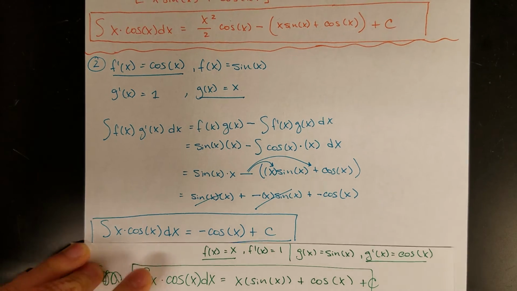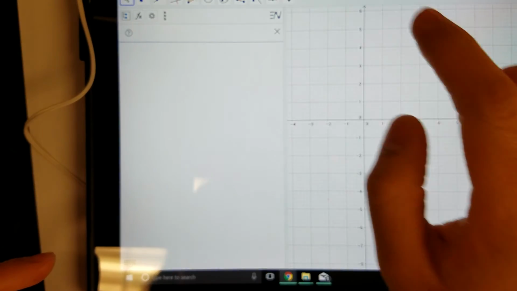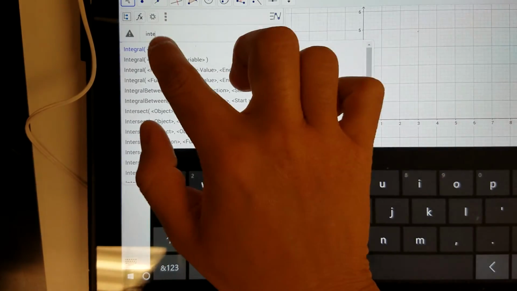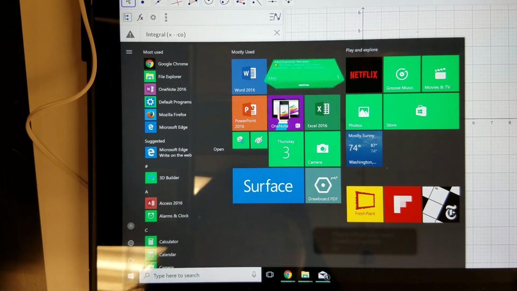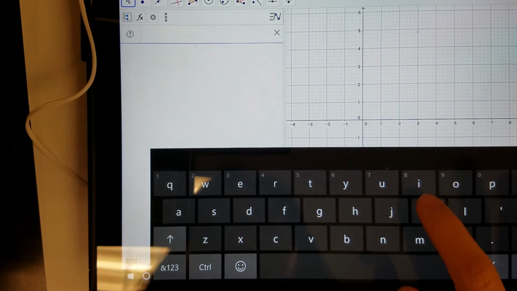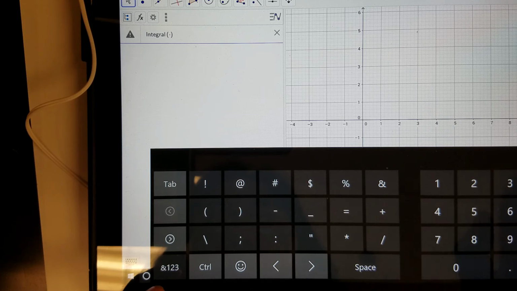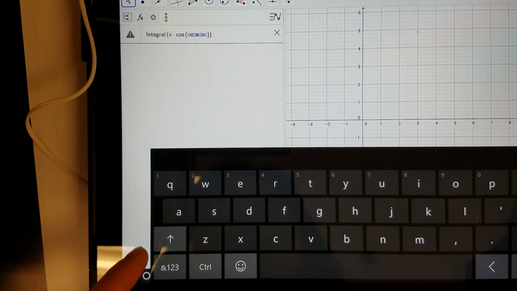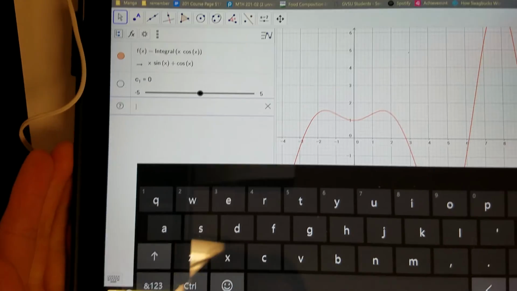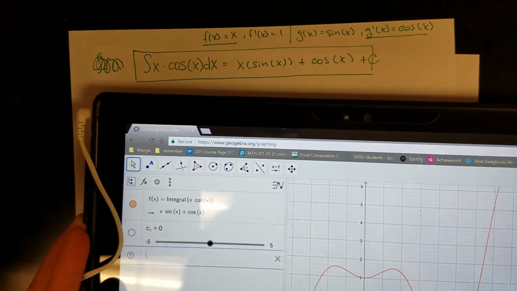But I believe that this is the way to go, because if you were to use a computer and check, for example, if you were to put in here that you would like to find the integral of x times cosine, you'll find that it gives us x sine of x plus cosine of x, which is what we got when we did it this way.